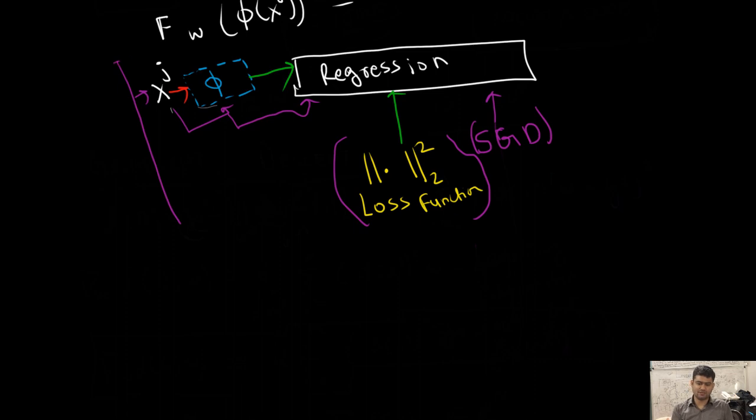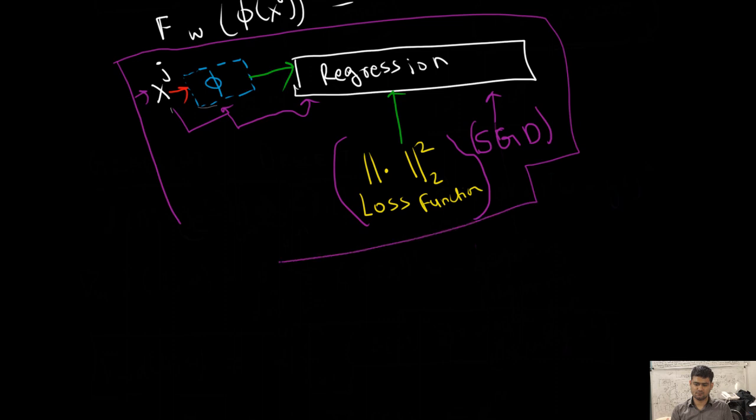And after doing all of this over the dataset D, what we get as an output is the optimal solution W star, the learned parameters.